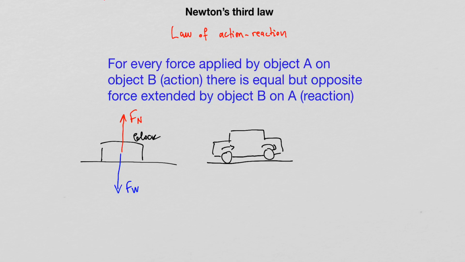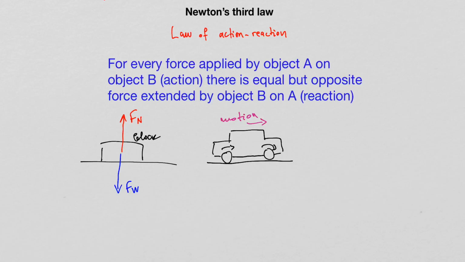Here is a different example. We have a vehicle that is moving on a horizontal road, and the vehicle is moving to the right. We know that there is friction between the wheels or the tires and the road. But in what direction is this friction? This is very interesting.